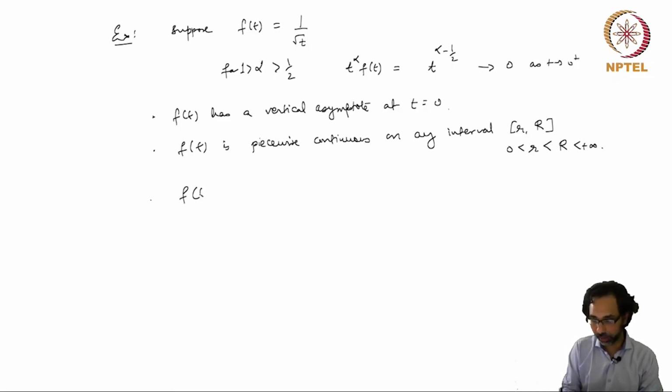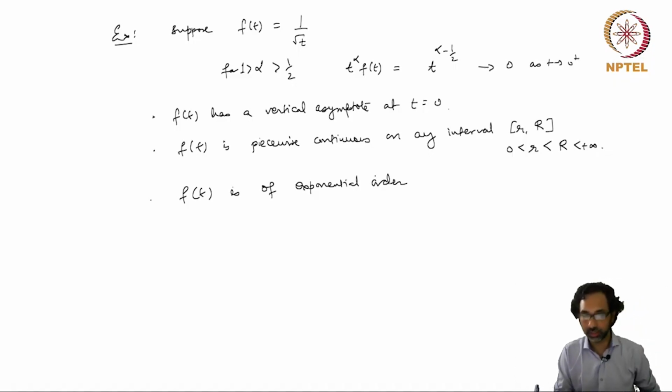And thirdly, f(t) is of exponential order. In fact, as t goes to infinity, this f(t) goes to 0, and therefore it is always bounded above by the exponential function.